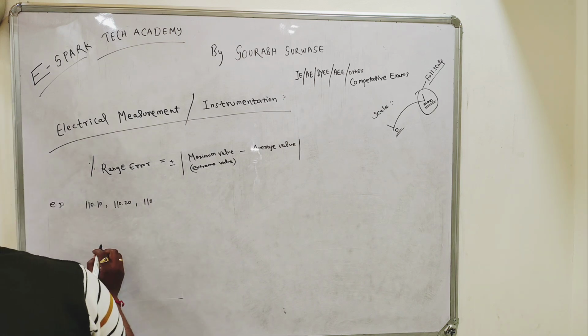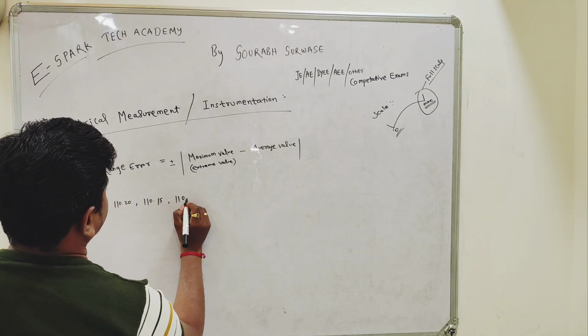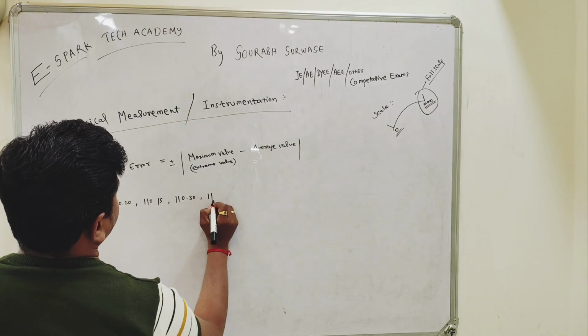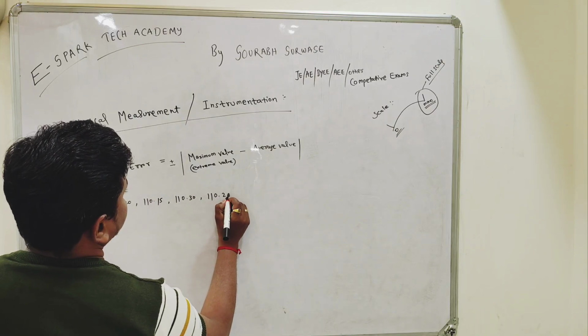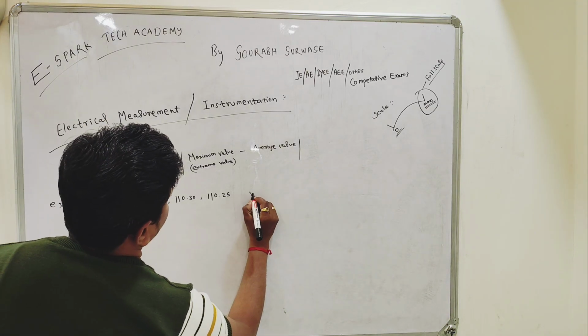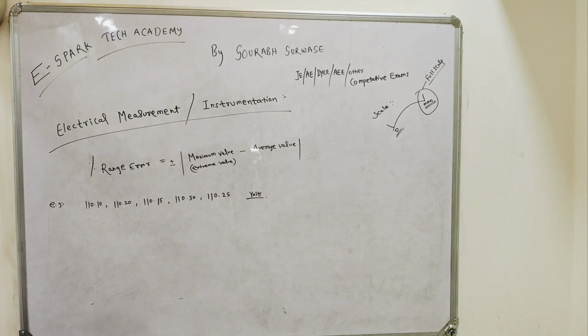This is a given problem, and accordingly we will be solving. All these problems have been asked in your examination, so I am taking this. These are the 5 values which will be given in terms of volts, as this is the measurement of voltage.